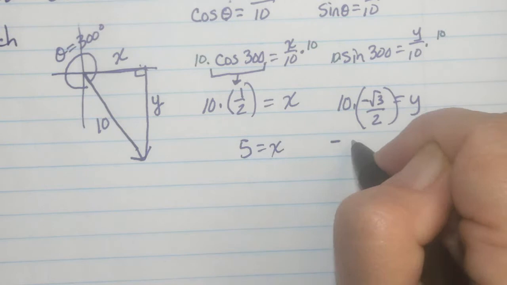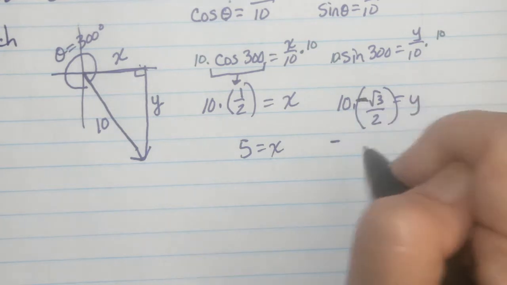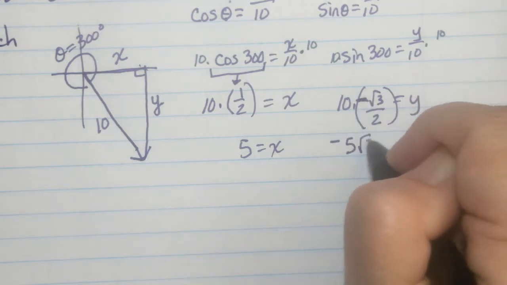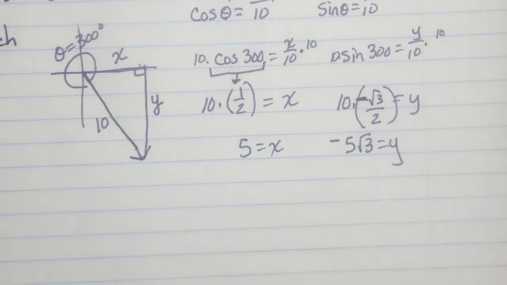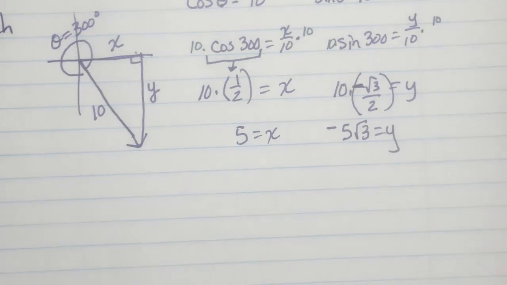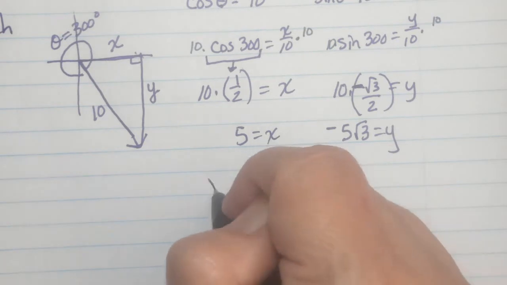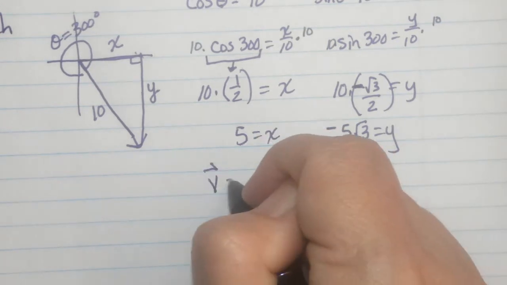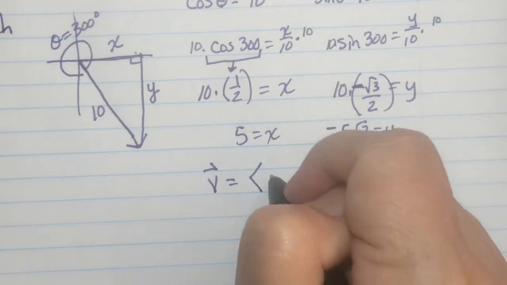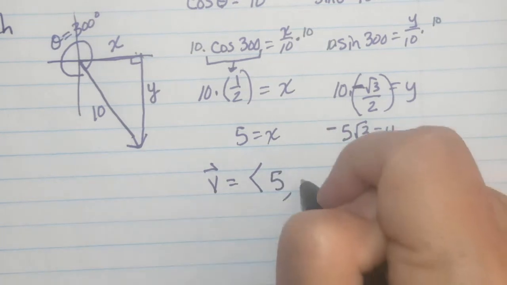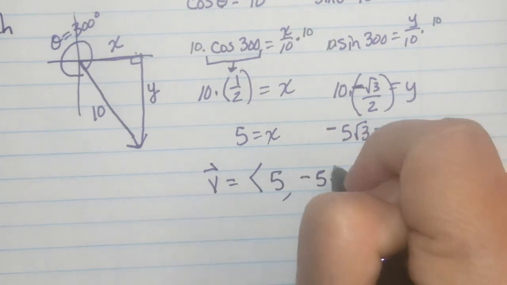So that's a negative sign there. Negative 5 square roots of 3, that's y. So then if I'm going to write vector v in component form, vector v is 5, negative 5 square roots of 3.